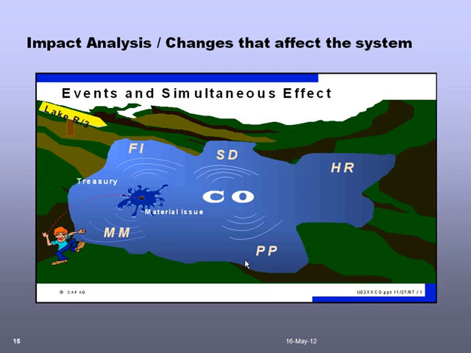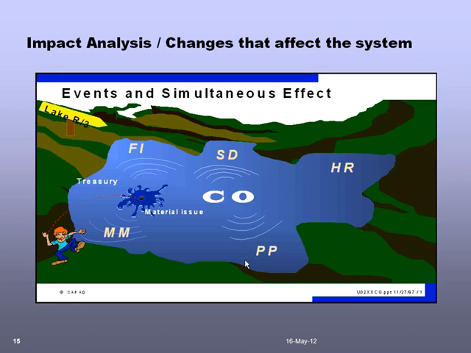So let's try to apply the same thing to SAP. Let's say you have an up and running system with all these modules: FI, SD, MM, PM, PP, CO, etc. Now you make a change to a process. As a functional consultant, you need to understand the impact of this change on other applications.